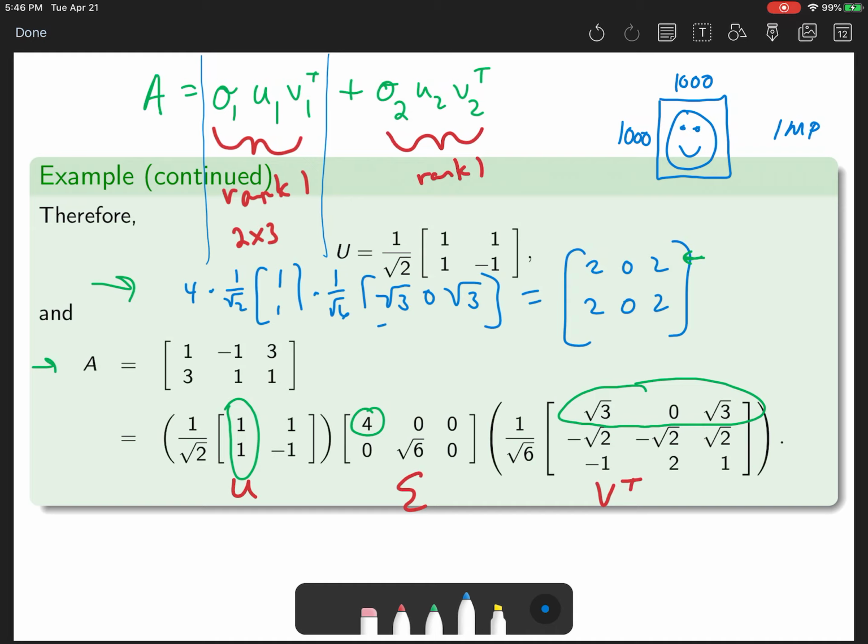The singular value decomposition can be really nice for compressing this image, or getting the most important features out of an image without actually keeping all of those individual entries.